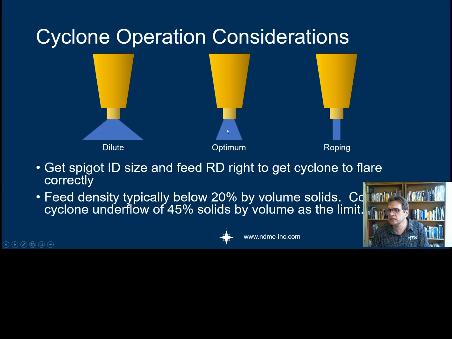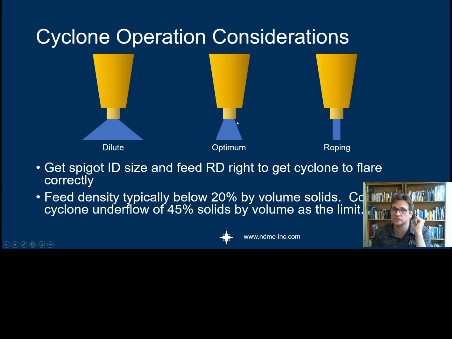The typical optimum is that you try and make the cyclone spigot smaller and smaller. And the reason is you want to almost squeeze the water out. Remember I said that alpha water is the ratio of the water going to the underflow over the amount of water coming in. If you can get that smaller, you can actually influence the cyclone performance the most.